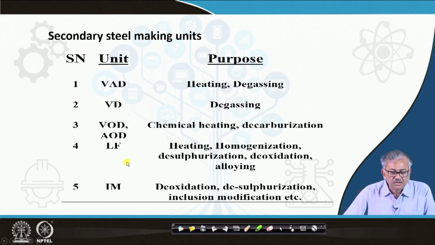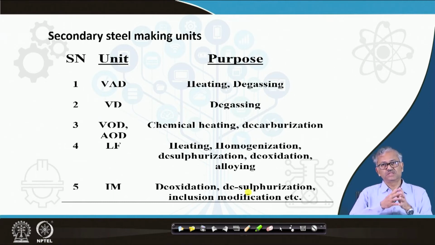And then you have another, the IM, the injection metallurgy. Here you can do deoxidation, desulfurization and inclusion modification. Basically, in injection metallurgy you can inject different types of calcium powder and different synthetic slag or flux powders.